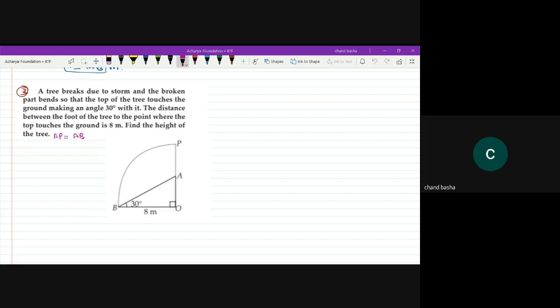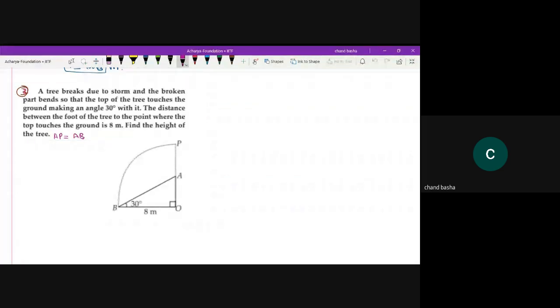Okay. What is the height of the tree, what am I going to take? Is it OA, AP or OP? OA, sir. OA is the height of the tree. What about AP?